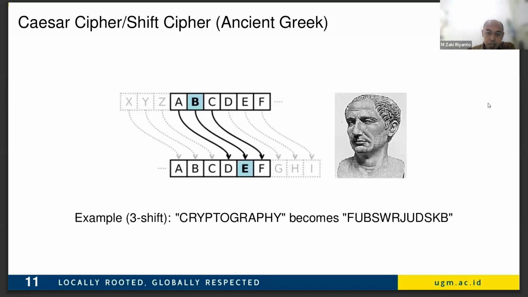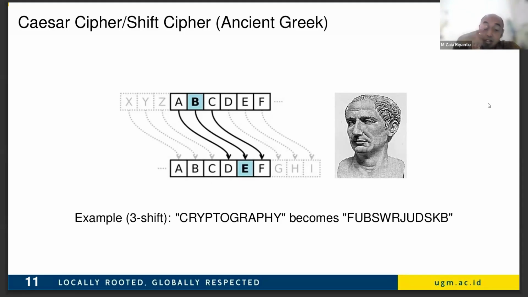When we read the historical books about cryptography, the first one that we know in the story is the Caesar cipher, or shift cipher, from ancient Greece. They shift the letters to other letters by shifting.